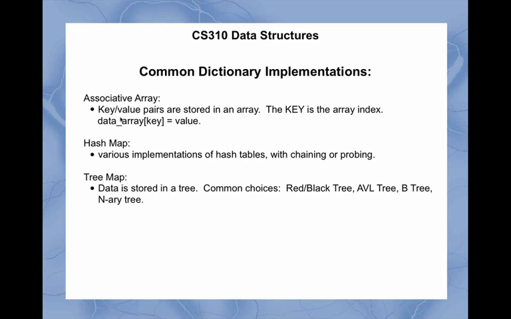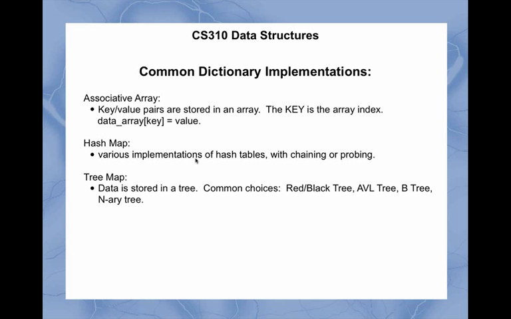So you will have an array and in square brackets a string, and that is the key that indicates the value. We have hash maps, which are implementations of hash tables, and these are done either with chaining or with probing, which we will discuss later.